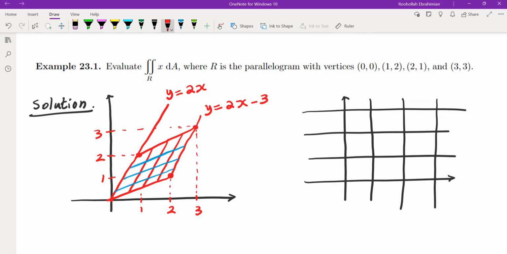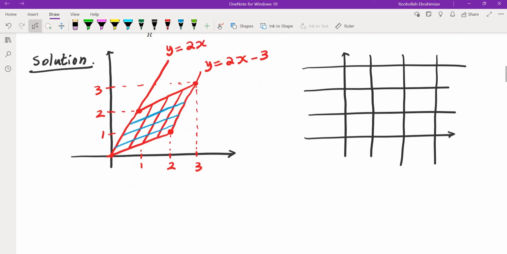So how can we describe these red lines? They are all y equals 2x plus a constant. So we could say if we take u equals y minus 2x, then in this region, u goes from 0 to -3. So I would have to put the -3 on the left.